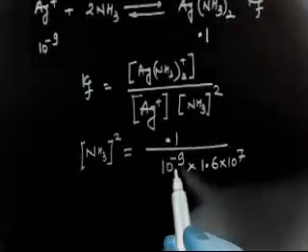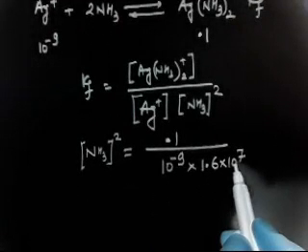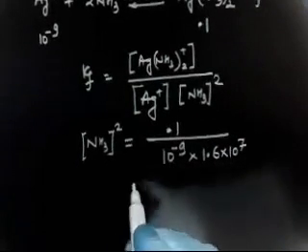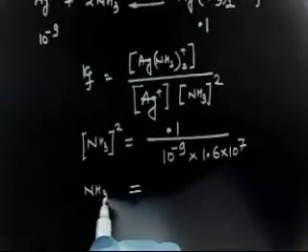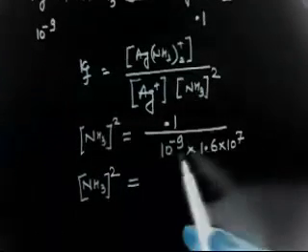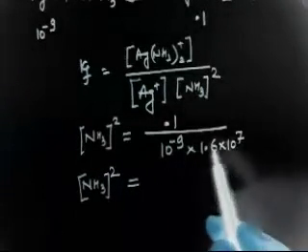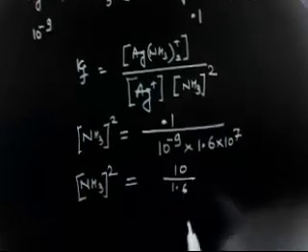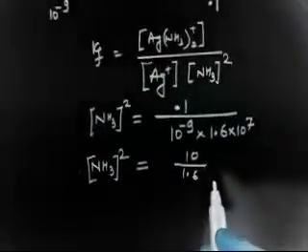So what will be the value? This is 10^-9 and 10^-7, so 10^-2, and this goes up. So I will have NH3 squared equal to 10^-2 going up, so 100 times 0.1, so 10 divided by 1.6. The concentration of NH3 will be the root of this.